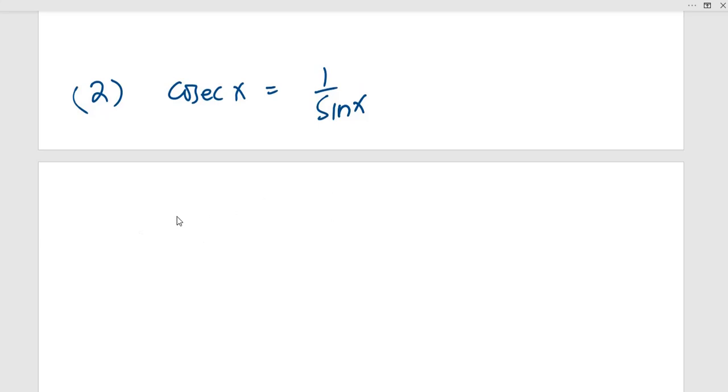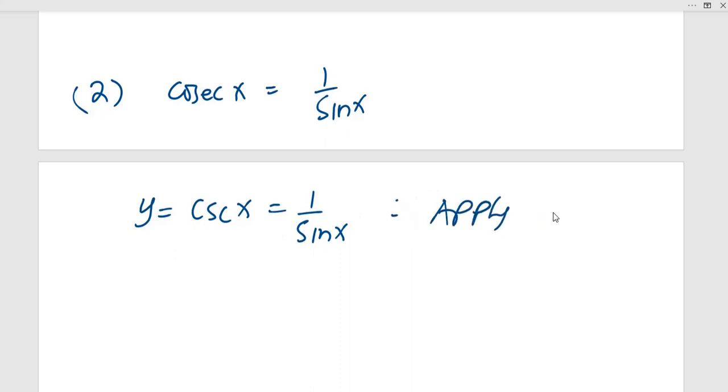So it means y is equal to cosec x, which is equal to 1 out of sine x. We also use the quotient rule, so apply the quotient rule.